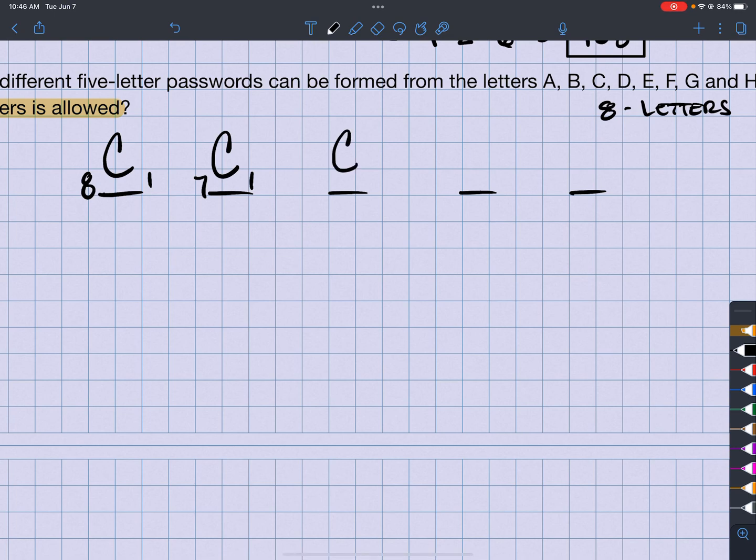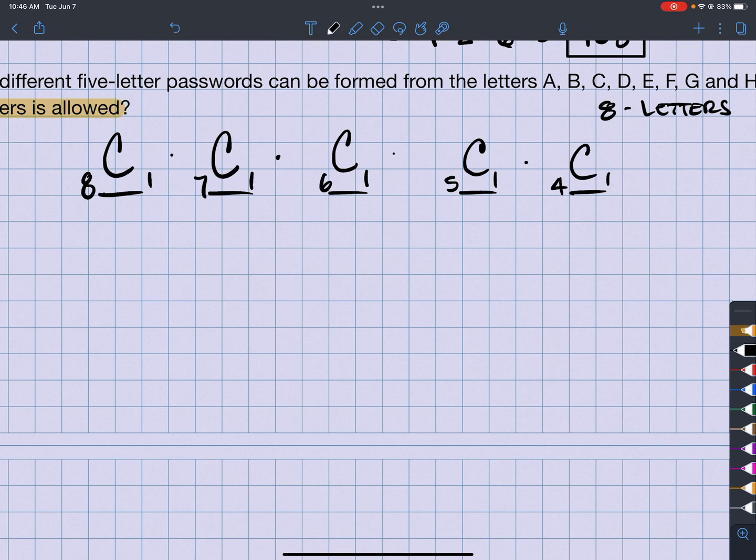So I get to choose one from the 6 that are left, then 1 out of the 5 that are left, and then 1 out of the 4 that are left. And these all have to be together, so these are all ands, right? The first letter and the second letter and the third and the fourth and the fifth gives me the 5-letter password.